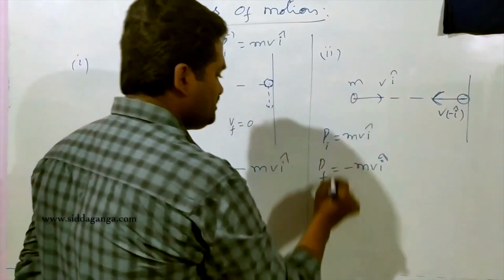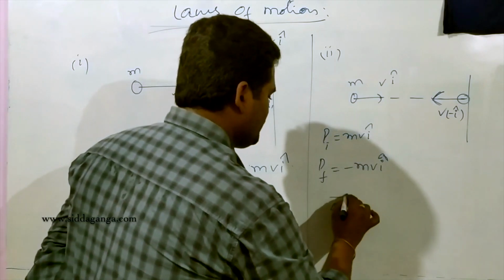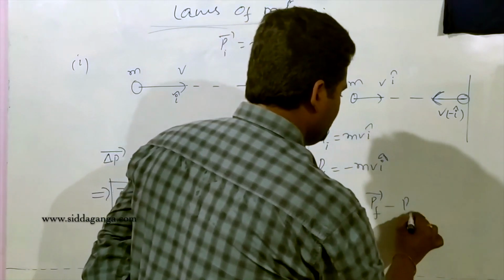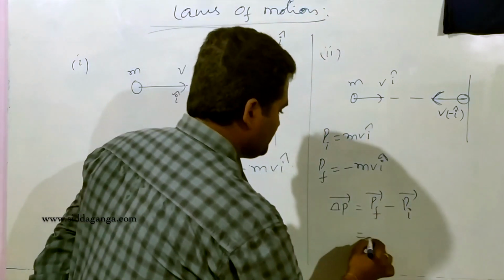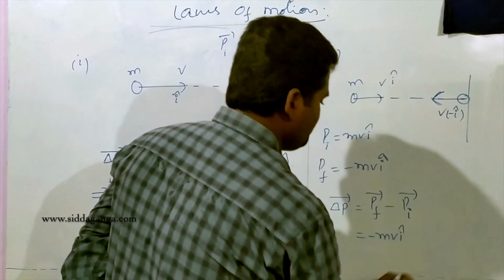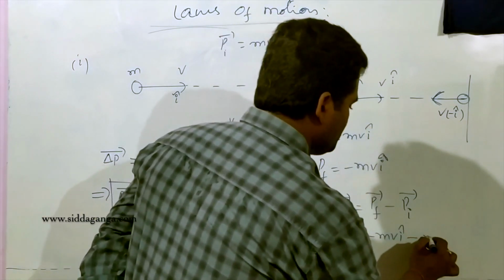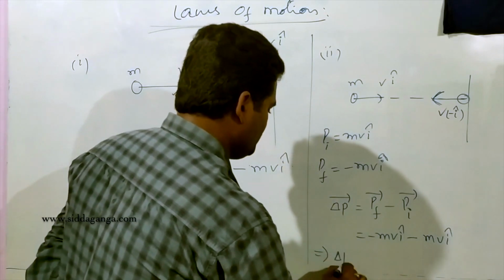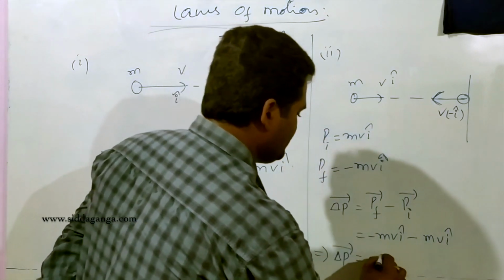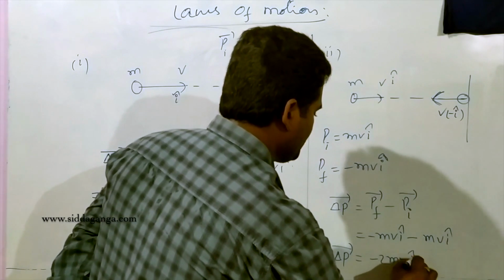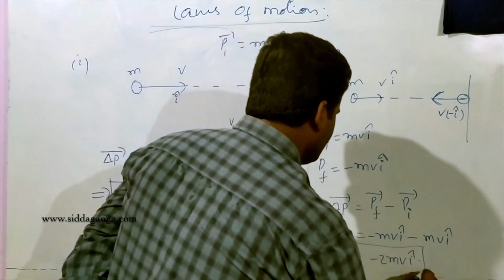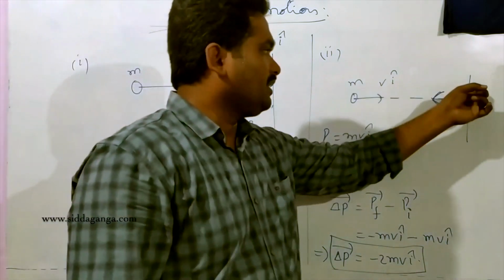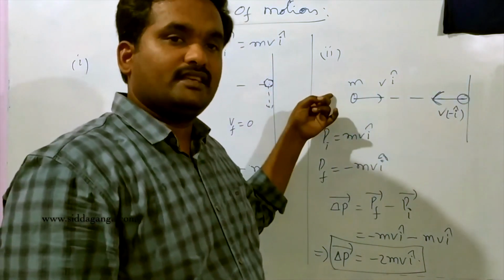Now the change in momentum will be delta p equals final momentum minus initial momentum. What is final momentum here? Minus mv i cap. Minus initial momentum, which is mv i cap. Finding the value, finally you will get delta p equals minus 2 mv into i cap. This is the change in momentum of a ball whenever it hits a wall and rebounds back with the same velocity.